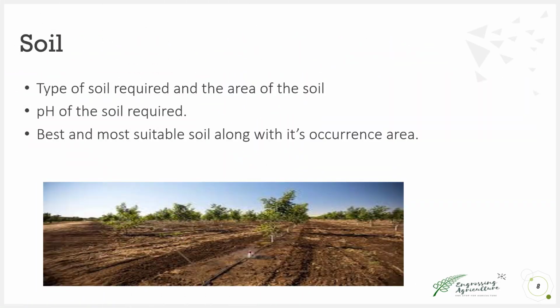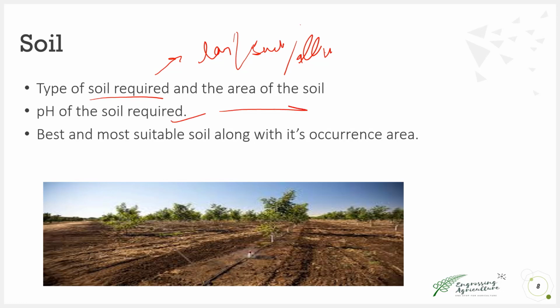Soil requirements. In soil, we will have to quote the type of soil required. That means whether it is loamy soil, sandy soil, or alluvial soil. Whichever type of soil is required for the crop, we must quote that type under the soil heading. The pH range is very important for the soil heading.